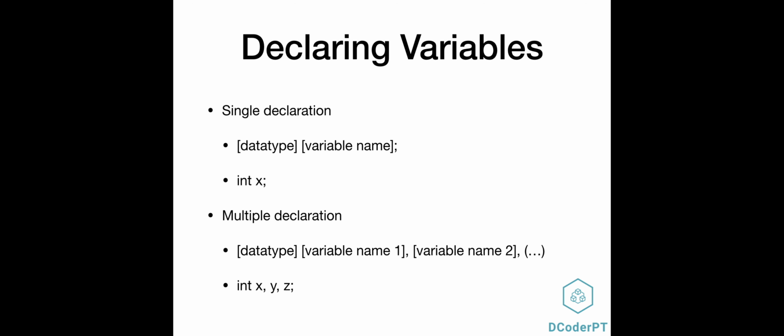It's missing on the slide, but you need to end with a semicolon. So an example of that would be the last bullet point that we have, which is int x, y, z. The spaces between the commas and the names of the variables are not required, okay, but I think it makes it more readable to have the spaces on.